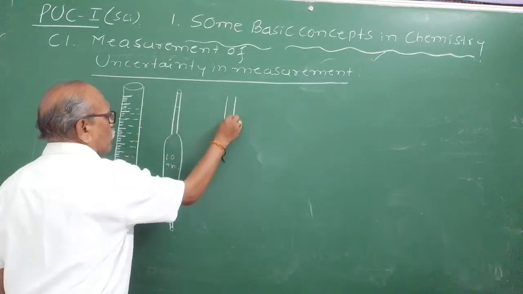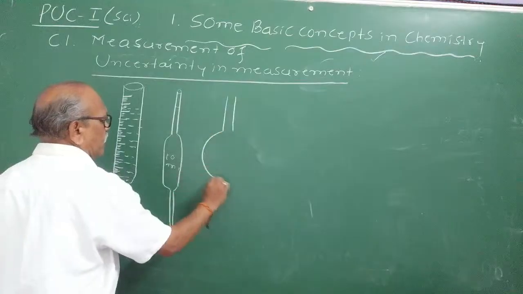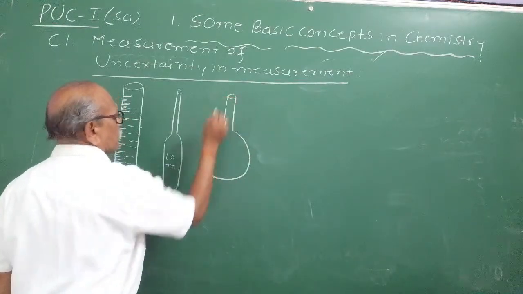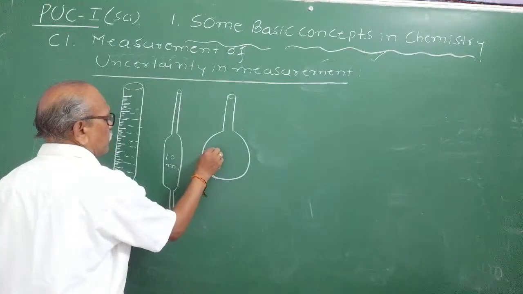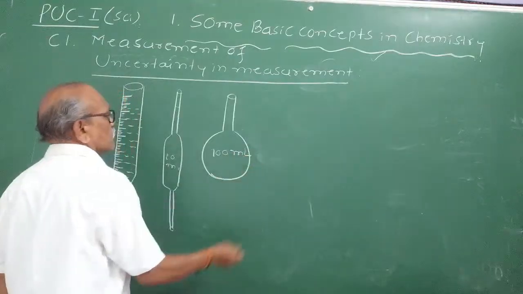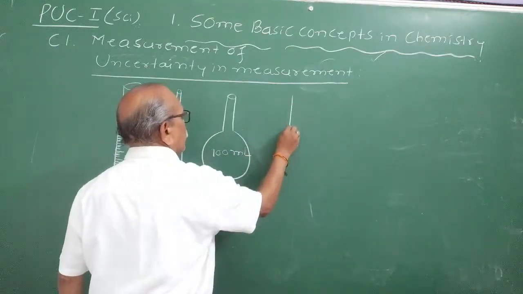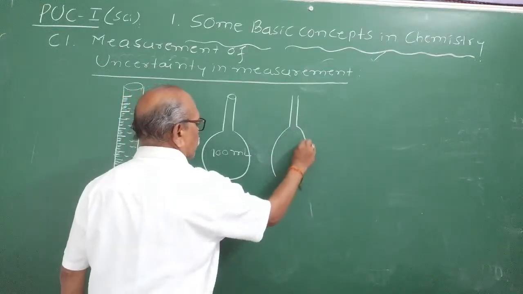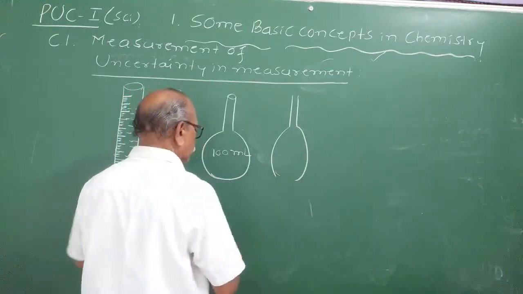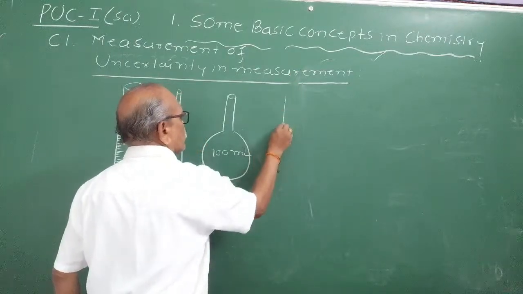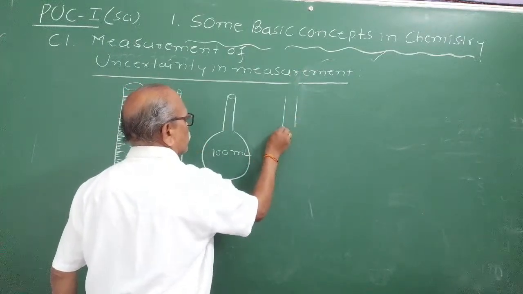These laboratory equipments, you must now have the idea. Generally, here on this they have written it as 100 ml. And you must have laboratory knowledge. Flask is called as.